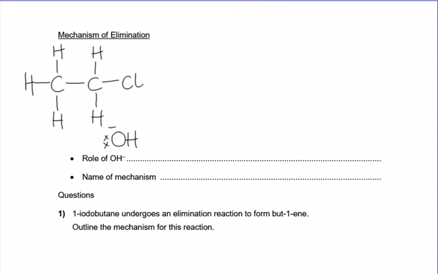And that hydroxide ion is going to use its lone pair. Remember that a curly arrow shows movement of a pair of electrons, to grab a hydrogen ion. Now when something accepts a proton, it is described as a base. So the role of hydroxide in this mechanism is to be a base.